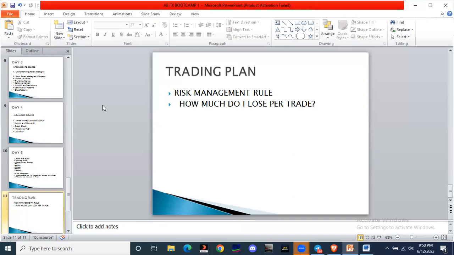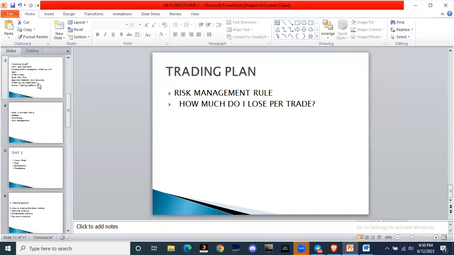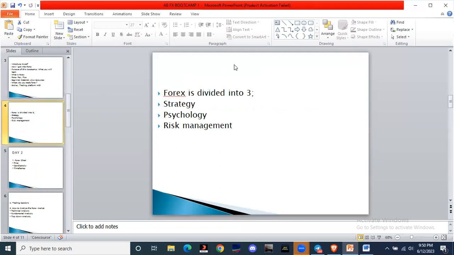It's also psychology. So at the beginning of this class, I said that Forex was divided into three: strategy, psychology, and risk management. All of that order block, imbalance, support and resistance is contained in strategy.